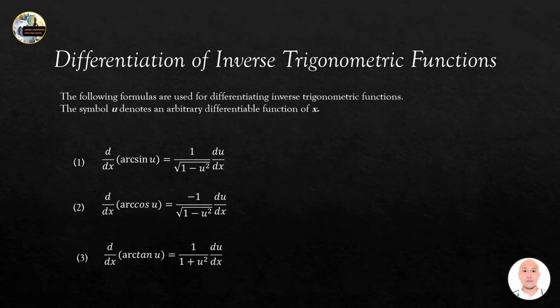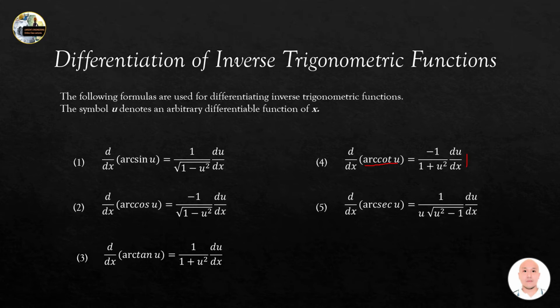Formula number 3, d over dx arc tangent u is equals to 1 over 1 plus u squared times du over dx. Formula number 4 is d over dx arc cotangent u is equals to negative 1 over 1 plus u squared times du over dx.